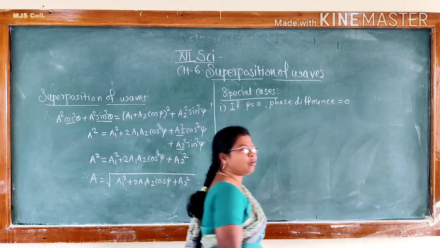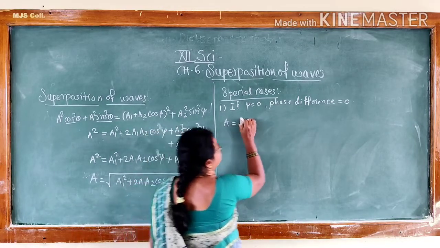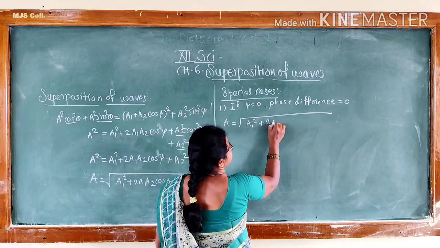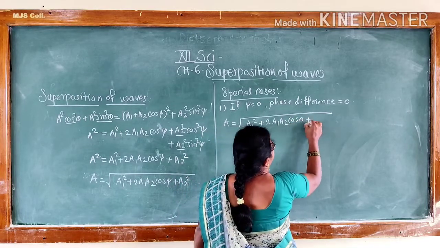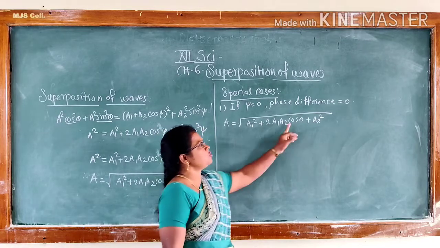Then what's the value of amplitude? That is nothing but A is equal to square root of A1 square plus twice A1 A2 cos of 0 plus A2 square. Okay. So what's the value of cos of 0?